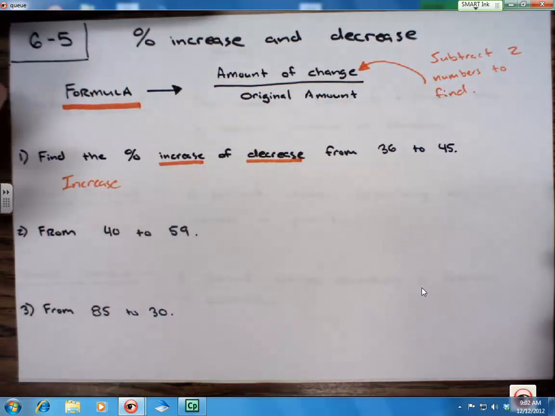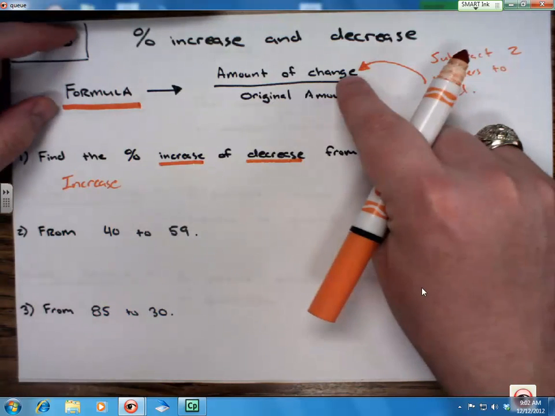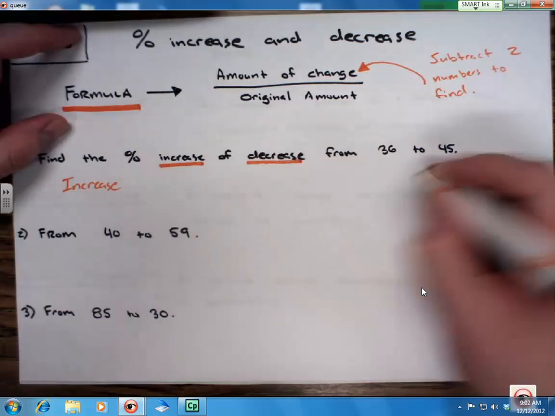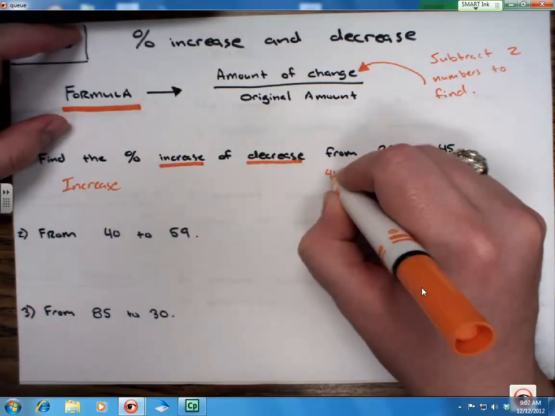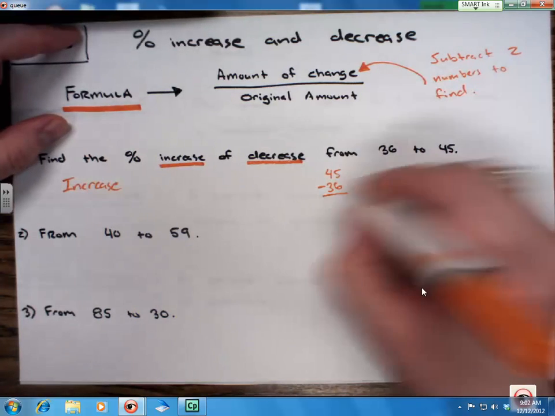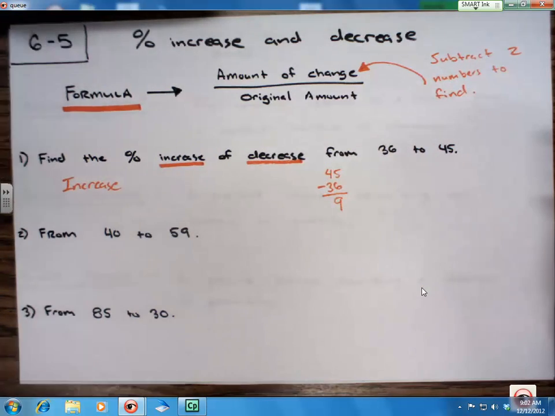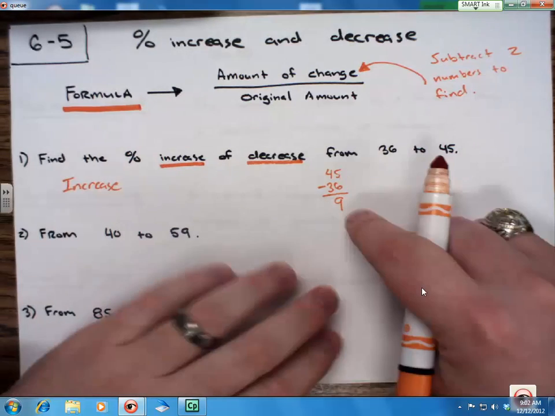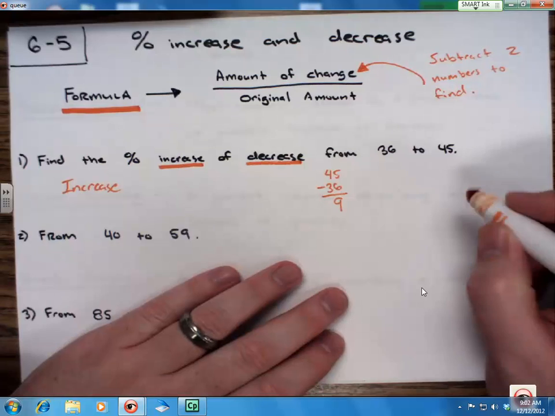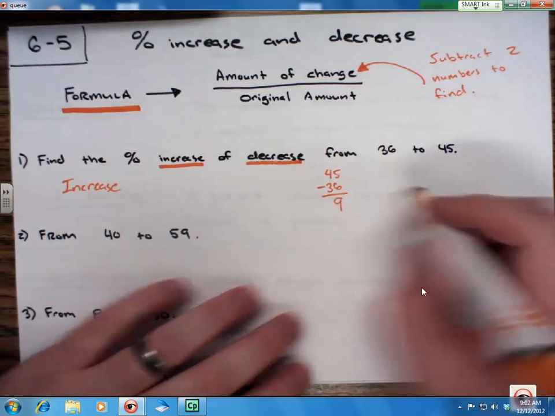Okay, now I need to actually set this problem up. Well, I need to find my amount of change over the original amount. So the first thing I need to do is subtract my two numbers. So I'm going to subtract 45 minus 36, which gives me 9. Now I'm going to take that 9 and put it over my original amount.